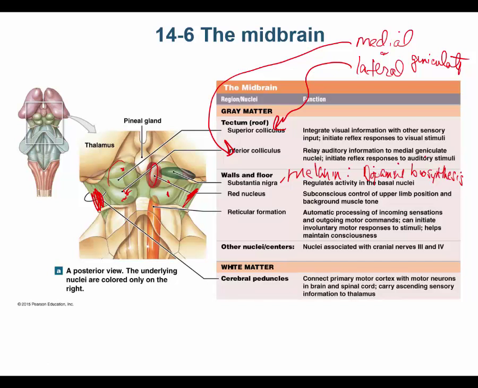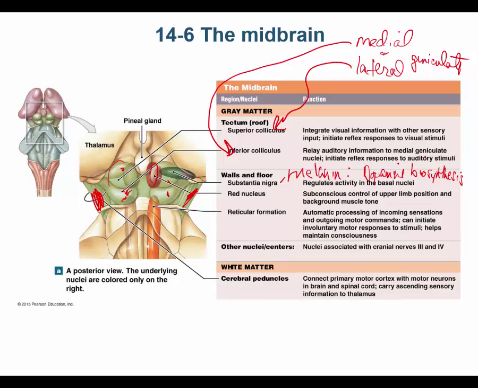What happens is the substantia nigra inhibits the basal nuclei, and the basal nuclei itself inhibits unwanted muscle contraction. If there's something wrong in the substantia nigra, then you can't inhibit the basal nuclei, which itself inhibits unwanted muscle contractions. So then you have these unwanted muscle contractions. Parkinson's disease is one of those diseases where the substantia nigra isn't talking to the basal nuclei well.